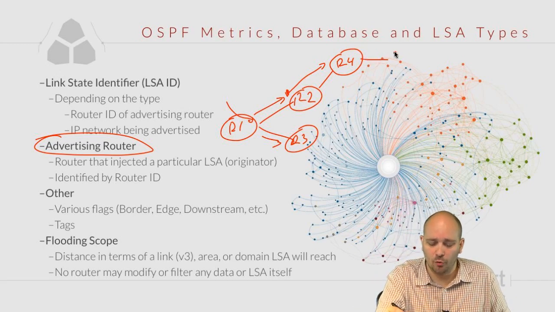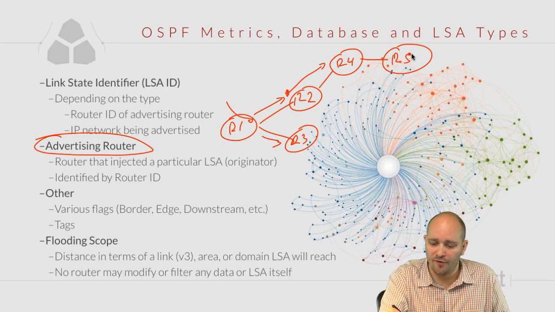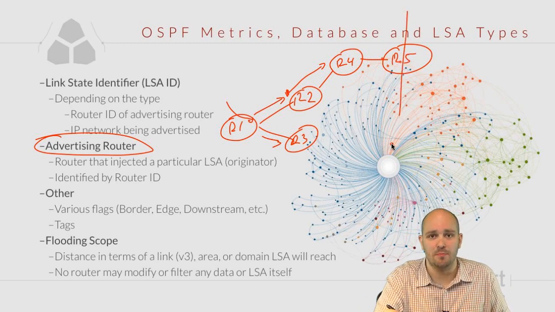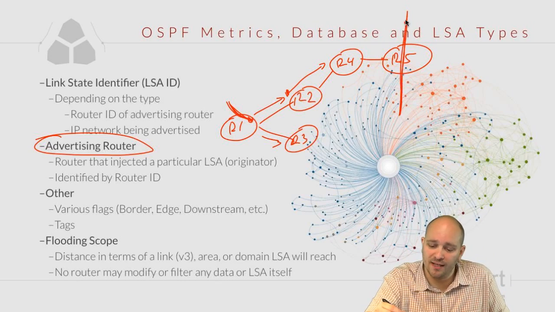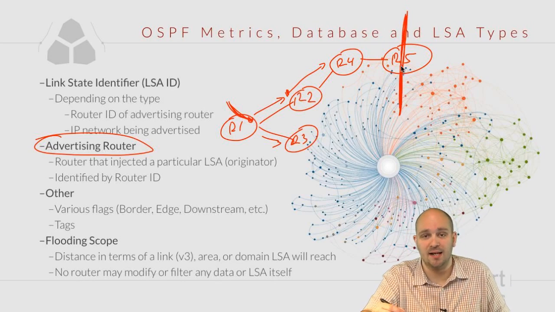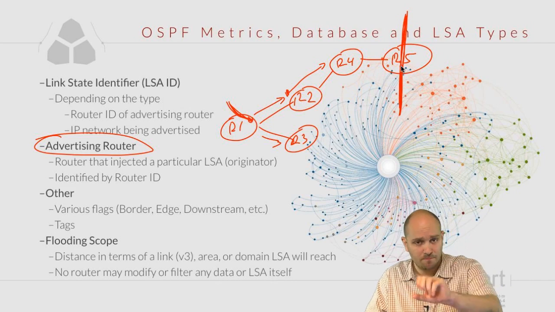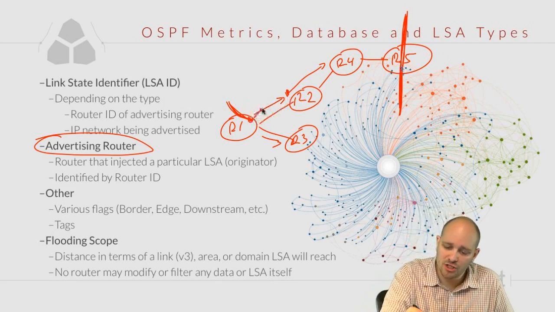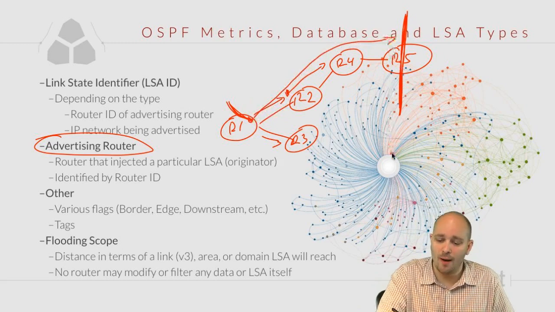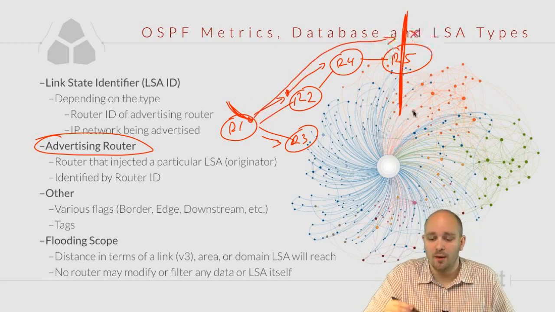But let's say that R4 here is connected to R5, which happens to be the ABR. Now, if this was an internal route here, this is where the flooding scope for a type 1 LSA would end. And I'm going to talk about individual flooding scope for different LSA types, but for now, just understand that this will go up to R5, but it will not go beyond here.